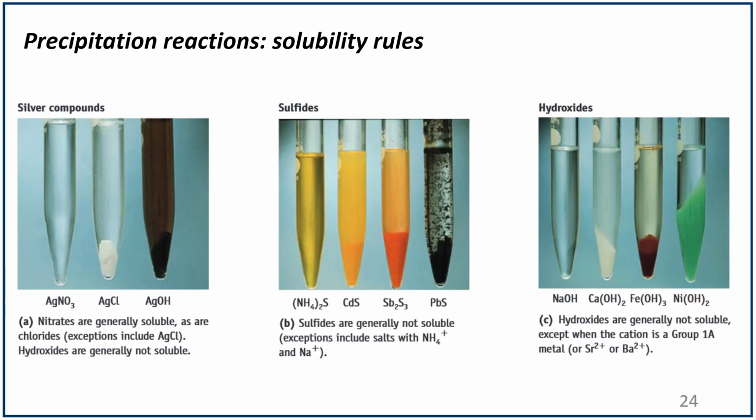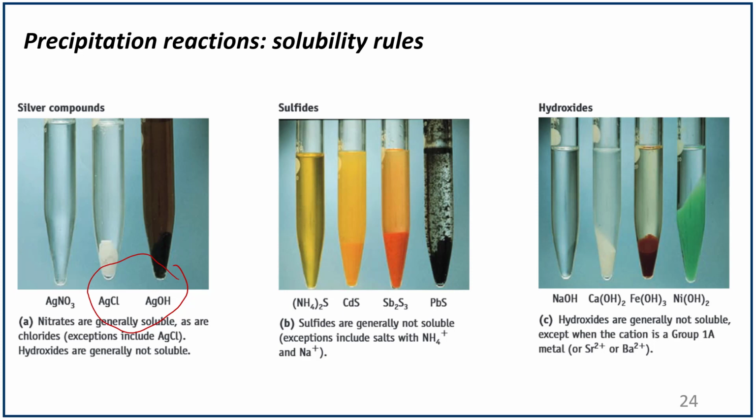Some examples of precipitates crashing out of solution. So for example, if you have silver compounds, silver nitrate is very soluble, but silver chloride and silver hydroxide are insoluble. Some other compounds here as well, I'm going to just let you look at them.